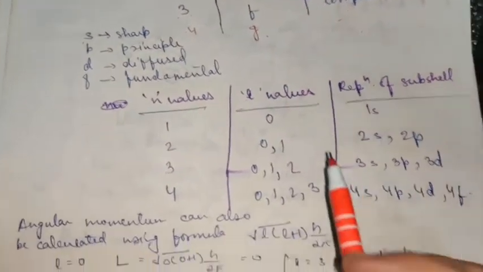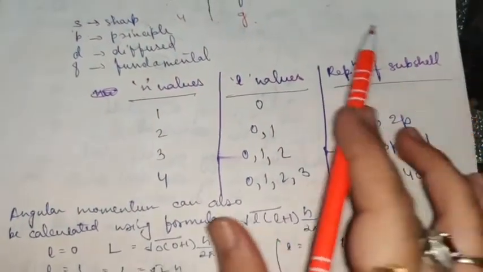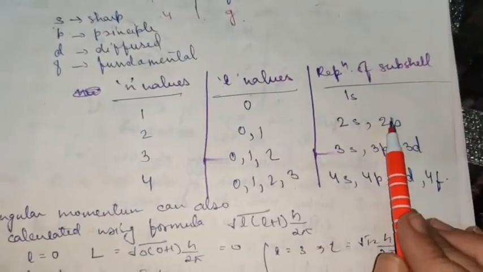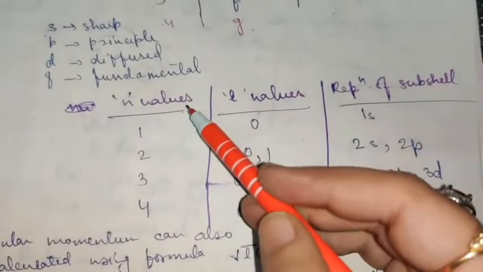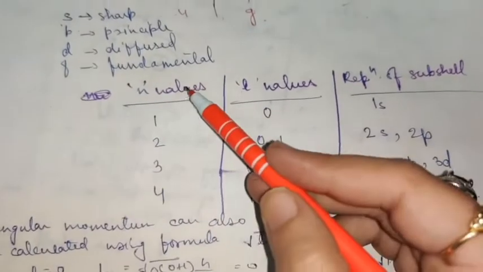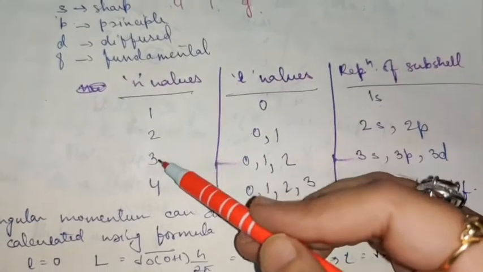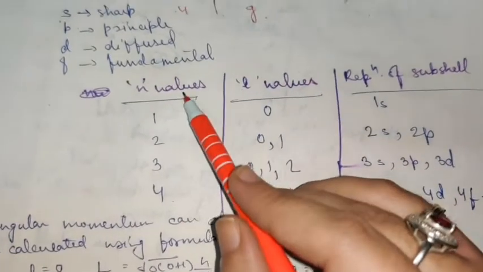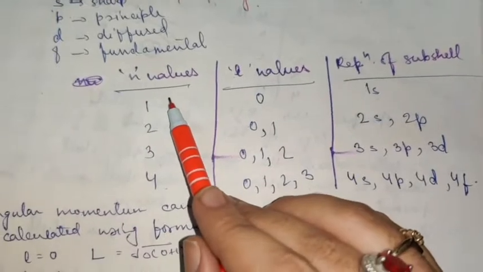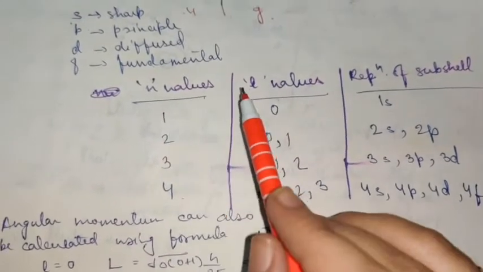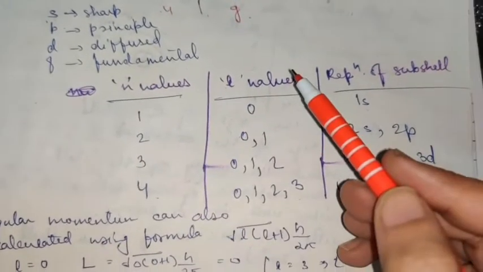Now again writing the entire thing which you have done till now in detail, showing the notations. Here is a table which has the value of n as 1, 2, 3, 4. Now with the help of n, what will be the values of L? L is always equal to 0 to n minus 1.